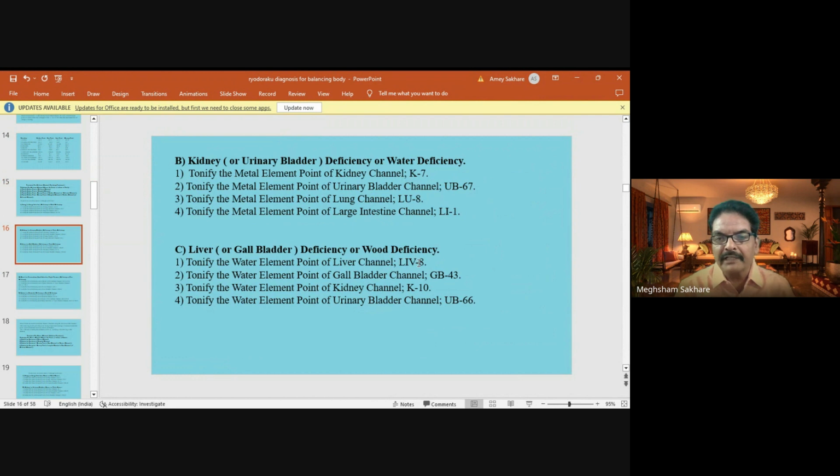Here Liver 8 is the tonifying point and the gallbladder tonifying point. And the mother element of wood is water; from water, wood is developed. K10 and UB66 are used to tonify wood deficiency.